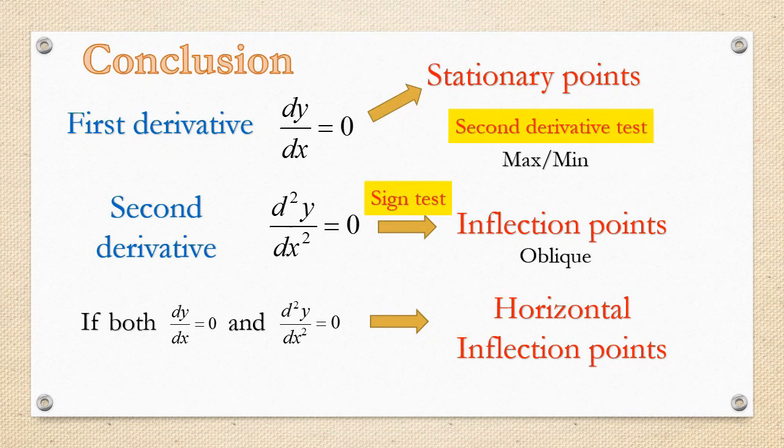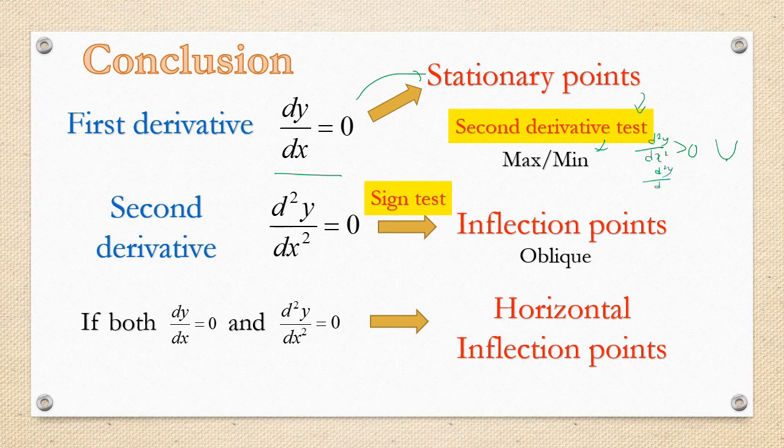Okay, now let's summarize this. By doing first derivative equals 0, I can find stationary points. To identify whether the stationary point is a maximum point or a minimum point, I do the second derivative test. If my second derivative is greater than 0, more money, I'm happy, so it is a minimum point.